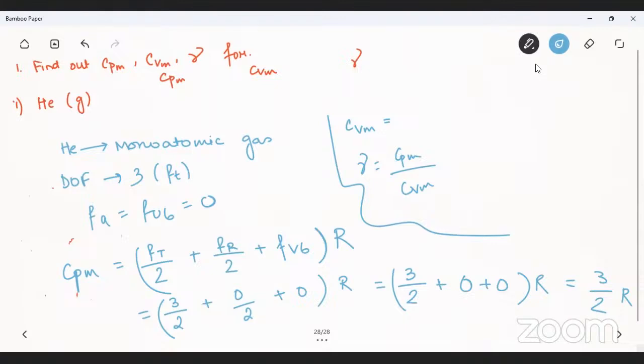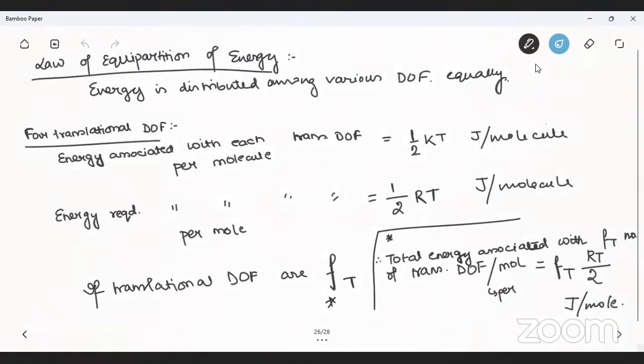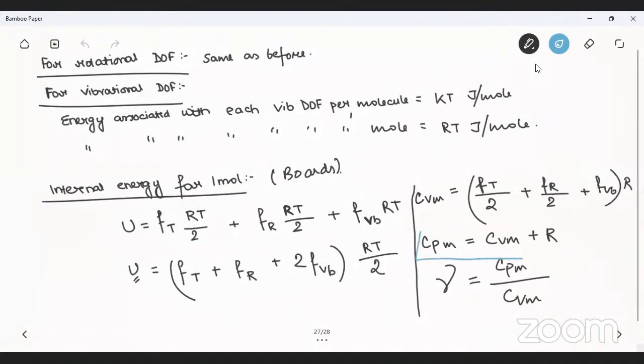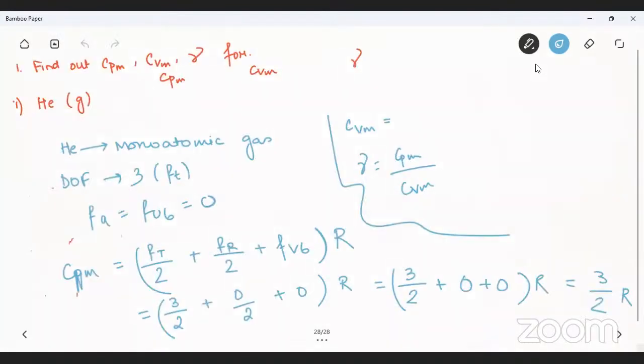So is this part clear, how to calculate CPM and CVM? Everyone? So what is CVM? What is CPM? Either use this formula, or CPM is CVM plus R, from that formula you can also use. It is CVM. Sorry, it's my mistake.